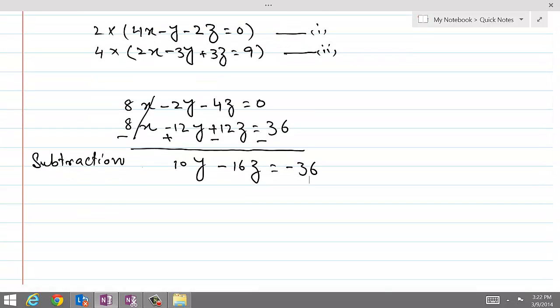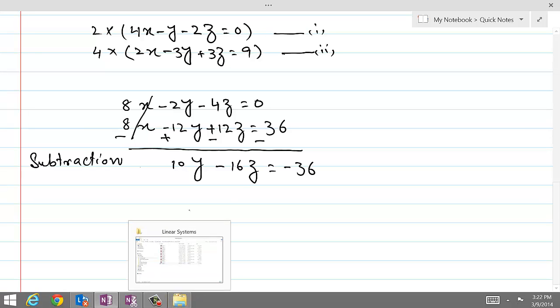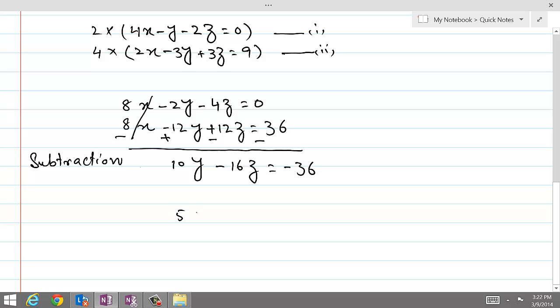And now we can see that 2 is common throughout. So we can divide the entire equation by 2 in order to reduce the size of its coefficients. So this equation becomes 5y minus 8z is equal to minus 18.